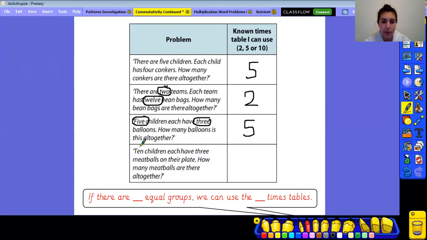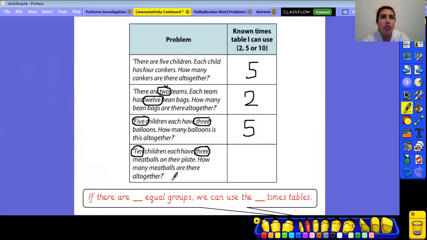Let's have a look at our last one then. 10 children each have 3 meatballs on their plate. How many meatballs are there all together? Well, I've got 10 children and they've got 3 meatballs each. So that means that I've got 10 groups of 3.